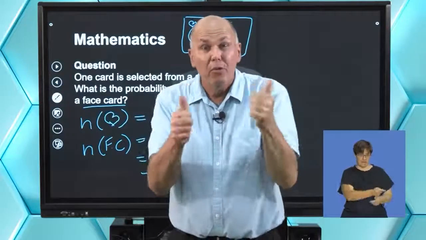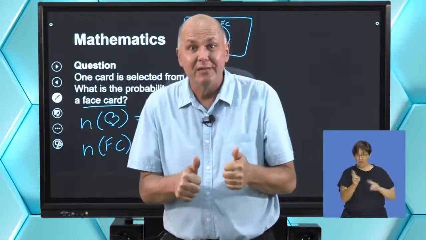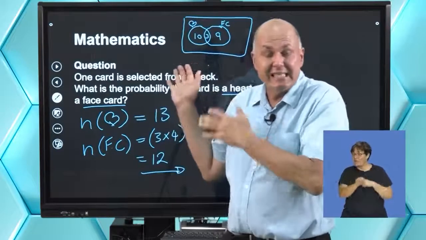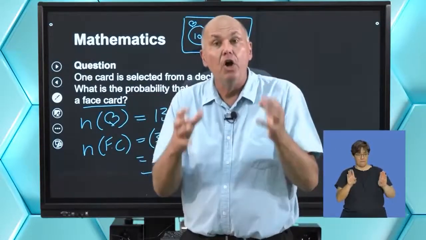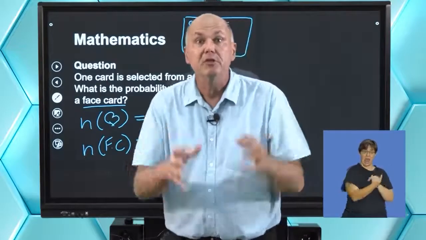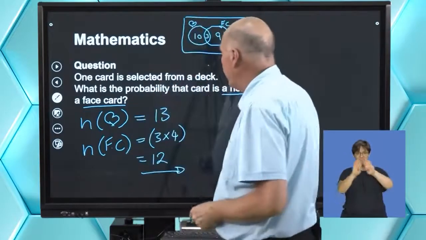Okay, so we're almost ready to do the calculation. Recognize that this situation is one where the 2 sets are not mutually exclusive because there's an intersection. So what are we going to do?